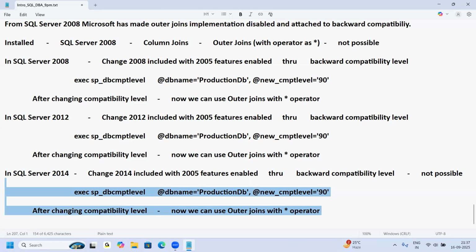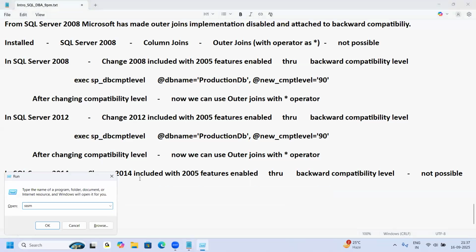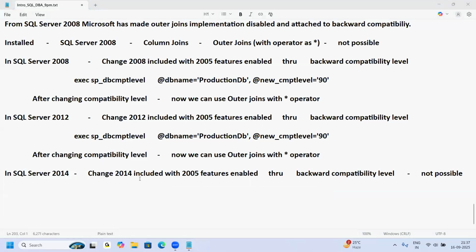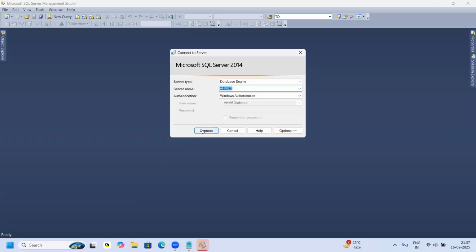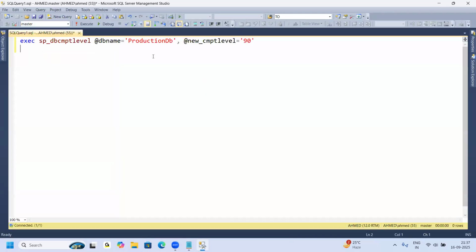It means in 2005, outer joins are completely ruled out. Let me show you by executing this command. Nothing else; we will just execute and see whether what I said is supported or not. I just opened the tool and wrote the same command. Execute.